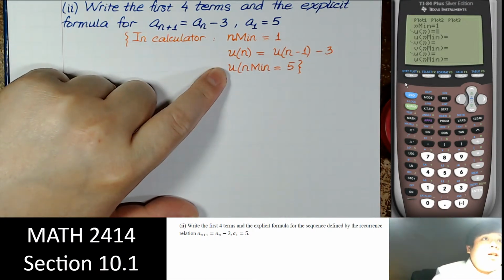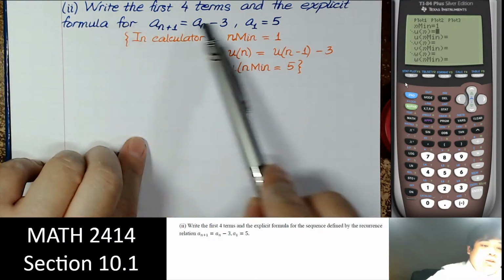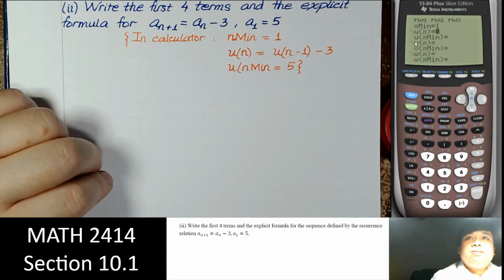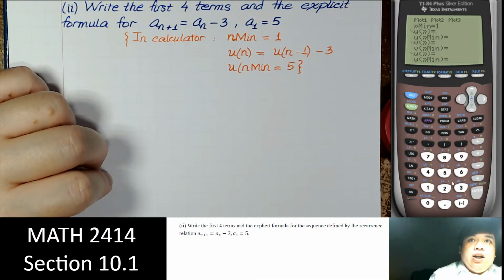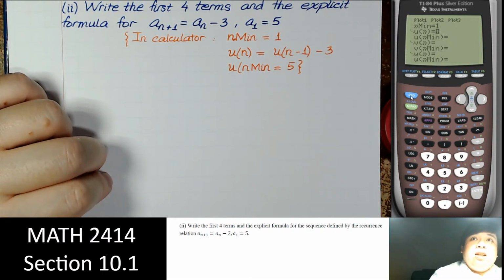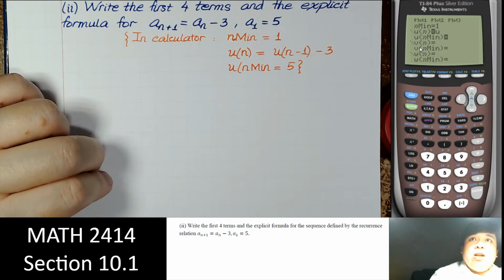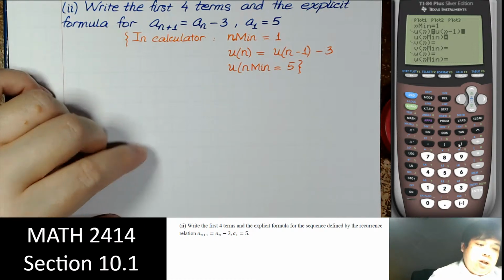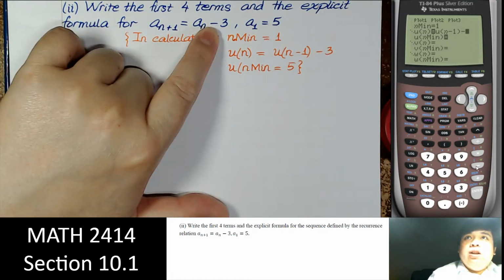Right, so we enter this into the calculator for this recursion relation. U, V, and W are on 7, 8, and 9, but we have to hit the second button, and then 7. So that's U. So this term is equal to the previous one, n minus 1, minus 3.